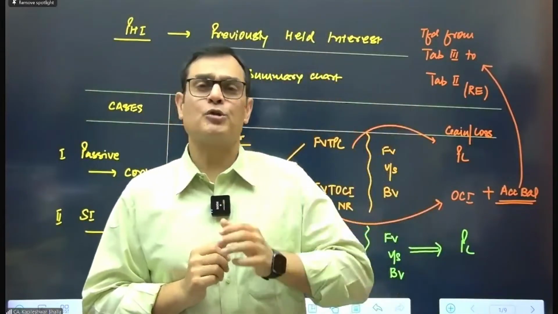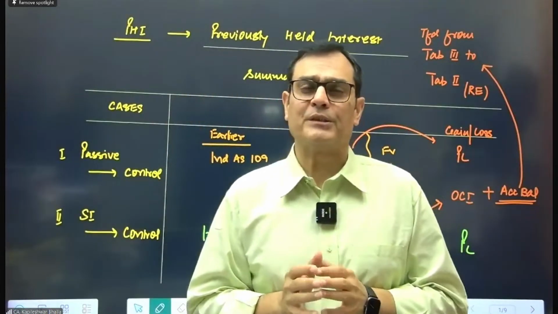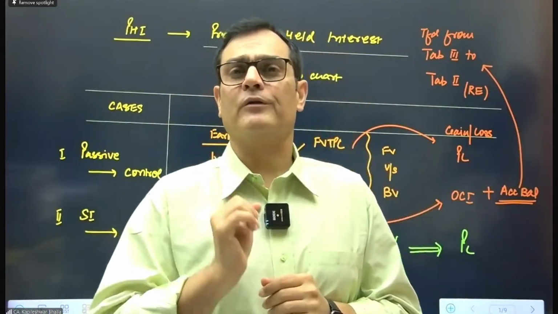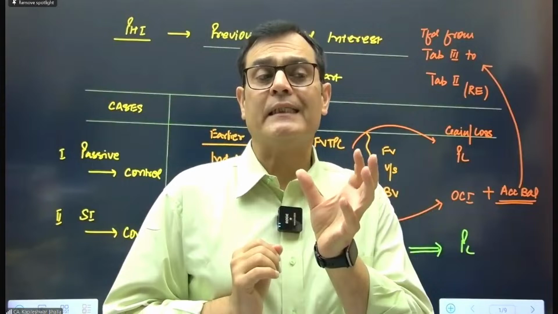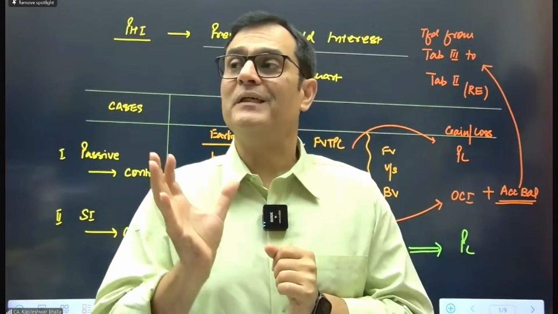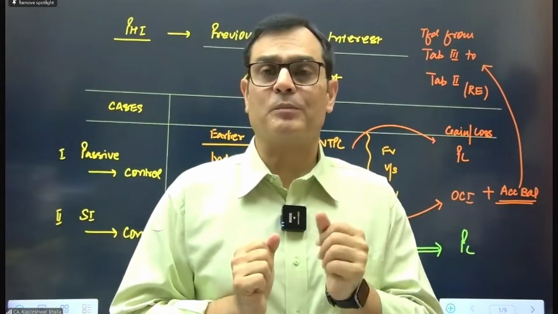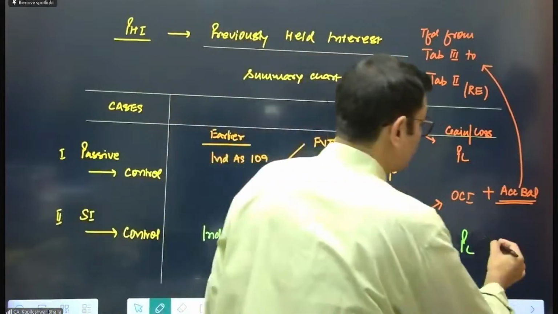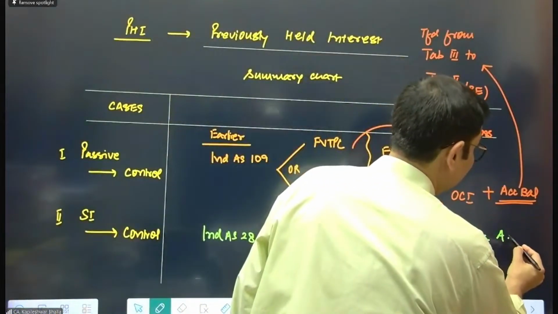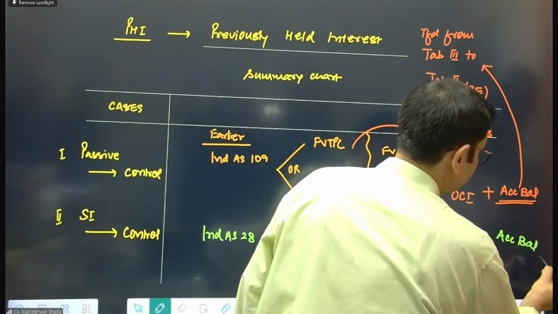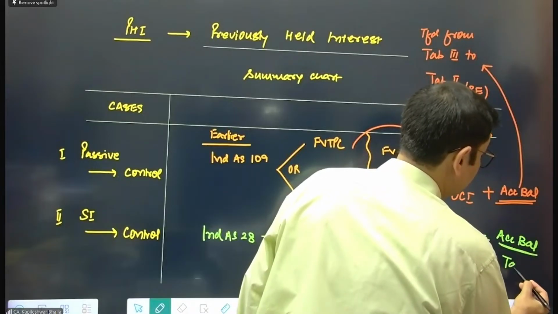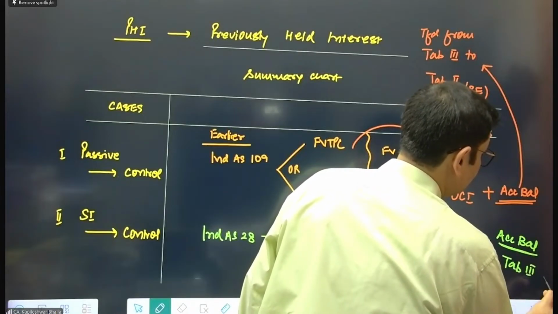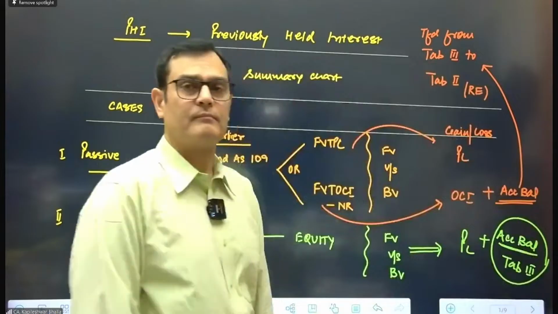So during the course of accounting under equity method, the company would have already done entries in the past, investment debit, P&L credit, or investment debit, OCI credit, which means even in this particular case, there will be an accumulated balance in terms of tab 3 of SOCI.